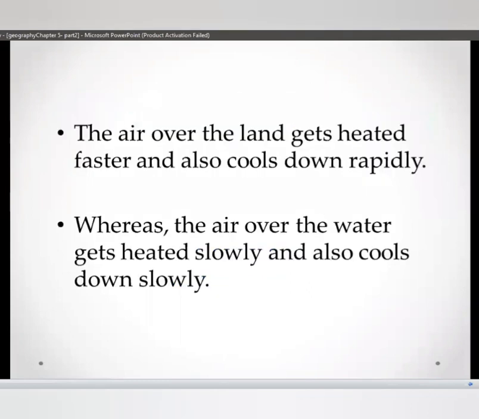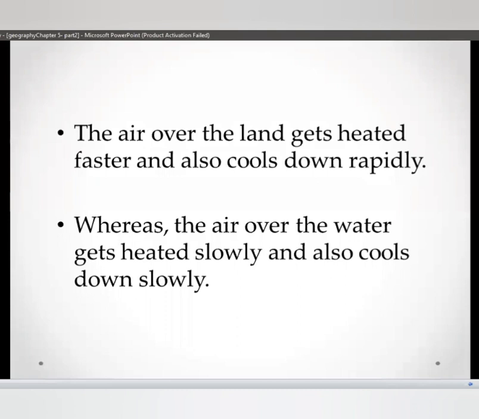The air over the land gets heated faster and also cools down rapidly, whereas the air over the water gets heated slowly and also cools down slowly.